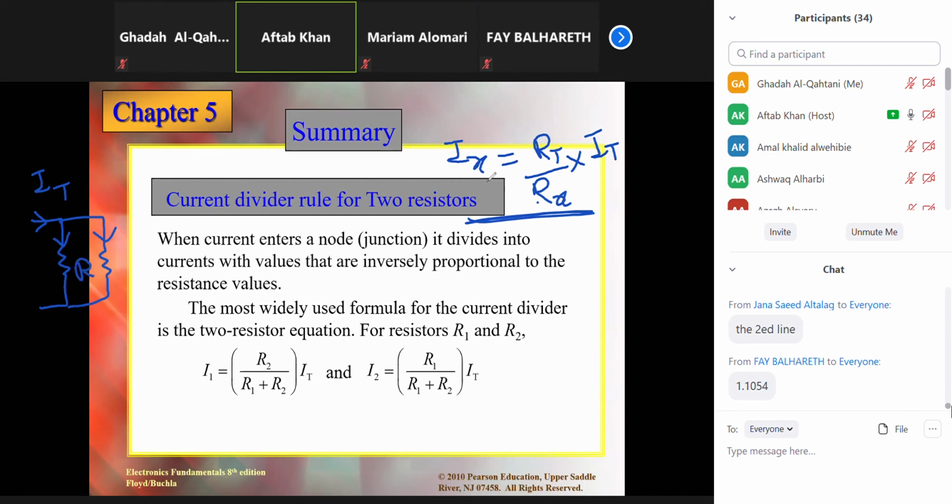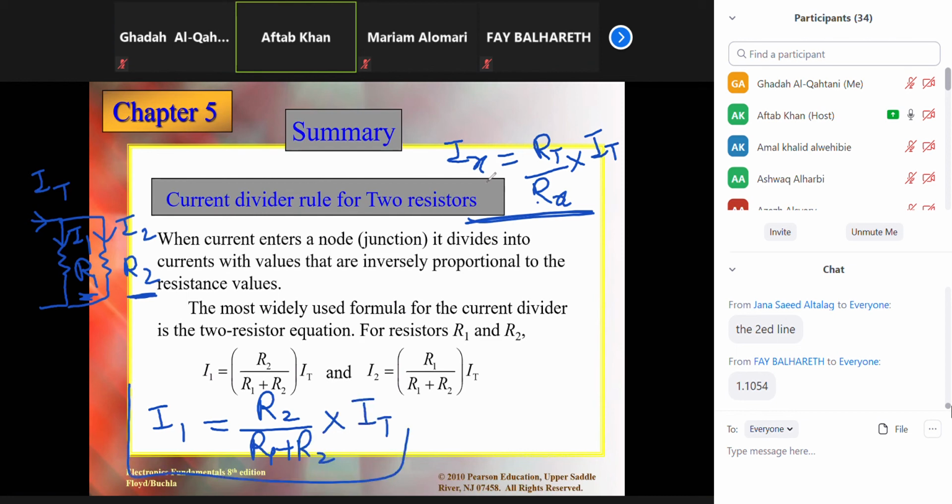But the one which is down is the shortcut or simplified version for two resistances in parallel. And if I want to calculate I1, I need to consider not this same resistance. I will look for the other resistance, R2 over their sum, R1 plus R2, multiplied by the total. Bas, this is the formula.